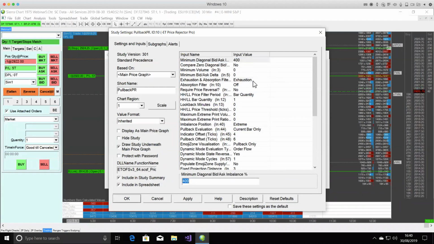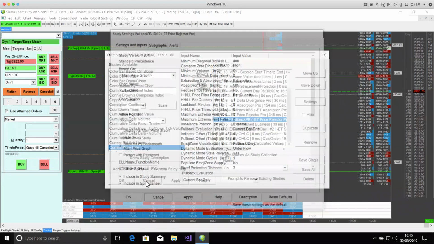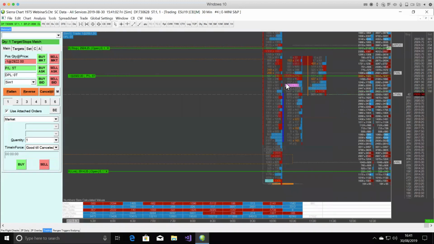We're looking for aggression, looking for exhaustion, and as with Absorption Pro, I only want to see it on the current bar. And that is how I'm getting these indications intra-bar, even though it's a very slow candlestick, and I will tend to use those to finesse my entries. So that's how we can use some features of the order flow suite for our entry triggers.